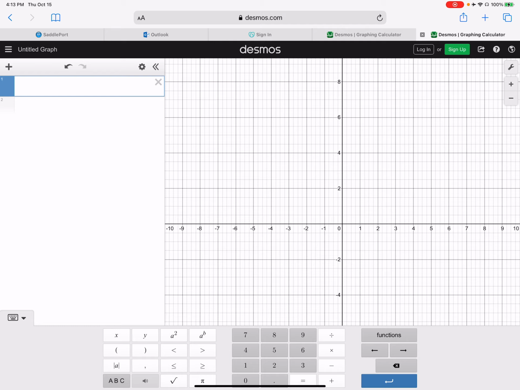And then I'm going to type in, and for f of x equals, you need just y equals. It doesn't do that function notation. And for the 1/5, if you just do 1 divided by 5, it'll put it in a fraction. If you keep typing, it'll put it in the denominator. So if you hit the right arrow underneath the function, it'll move the cursor out of the fraction. And then you have a left parenthesis, x plus 1, right parenthesis.